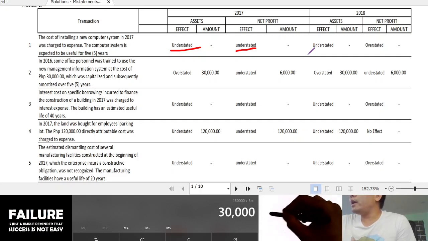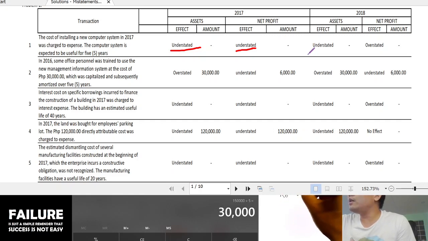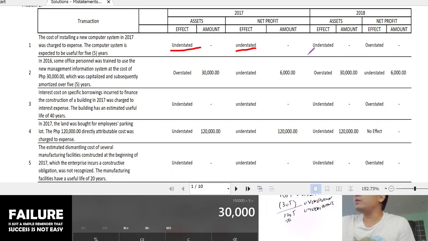Overall, if we total the error pertaining to this transaction, we have an understatement of 150,000 but an overstatement of 30,000 to your net income in 2017. So the effect is a net understatement of 120,000. That is why the effect of the error is an understated asset and an understated net profit, or net income.